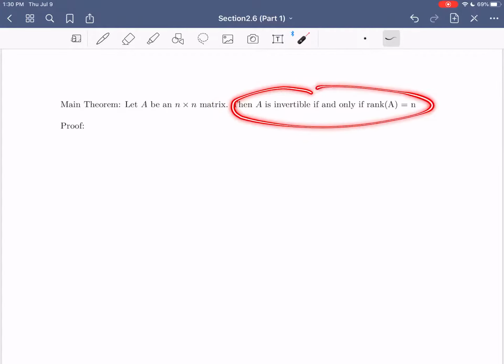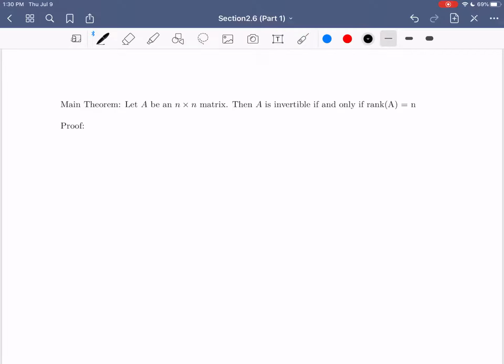Unfortunately, since it is a very powerful statement, and since it reads both directions with that if and only if, it actually requires two separate proofs. We have to prove both directions here. So let's start with the easy direction.